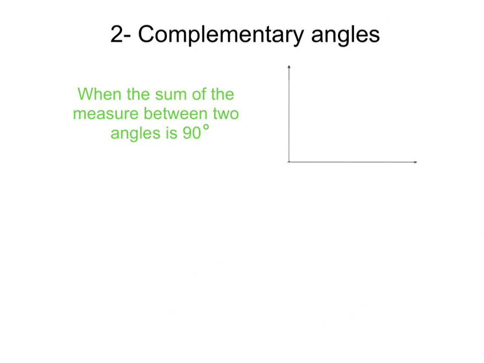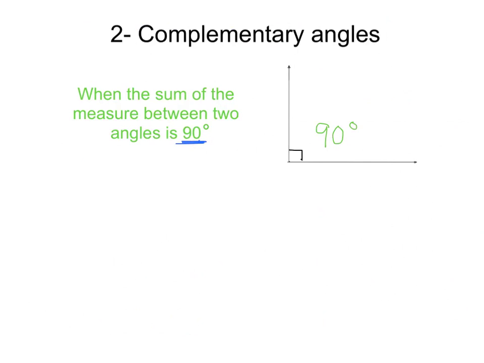Now with complementary, it's the same thing as supplementary, except now we're finding the sum between 2 angles which is 90 degrees. So over here we have a right angle, which I can represent using a little box, and this shows that it is 90 degrees.